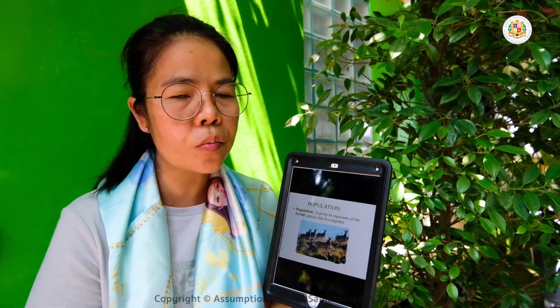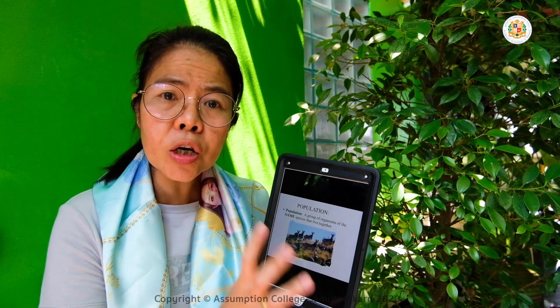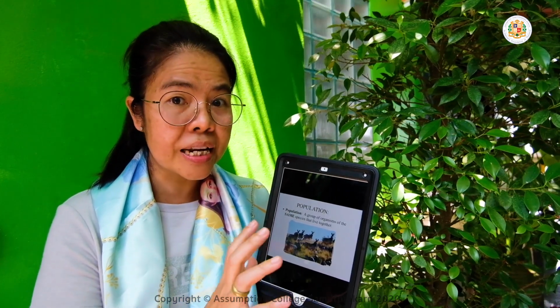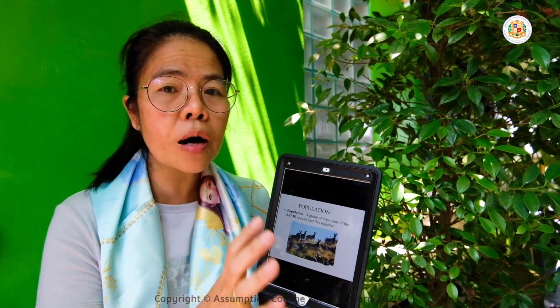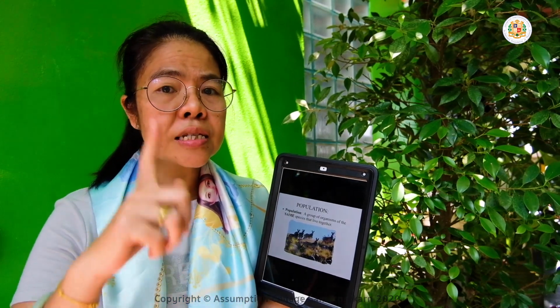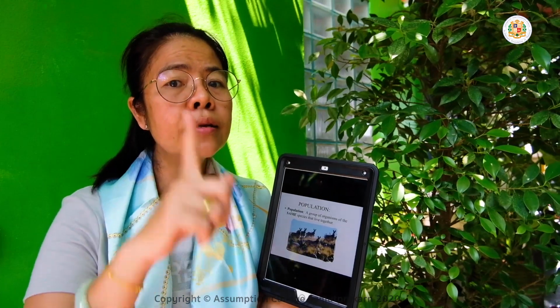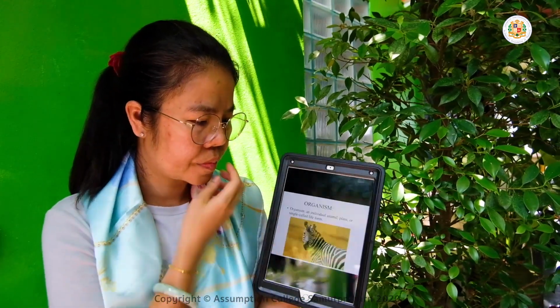It's not the same as a community, okay? Community is a group of living things but different. But population is a group of living things of the same species, the same kind. This is the difference between community and population.